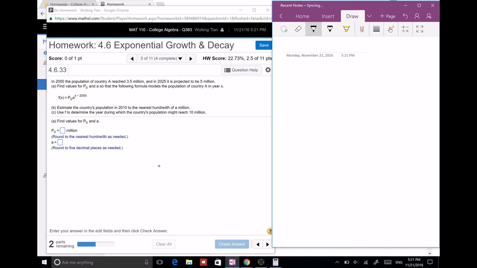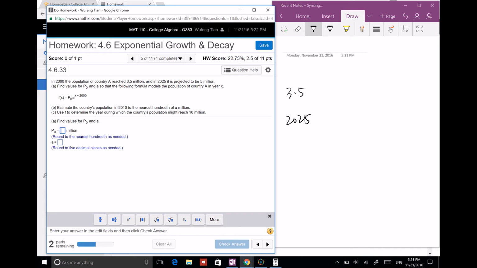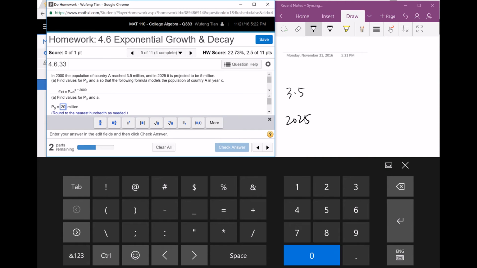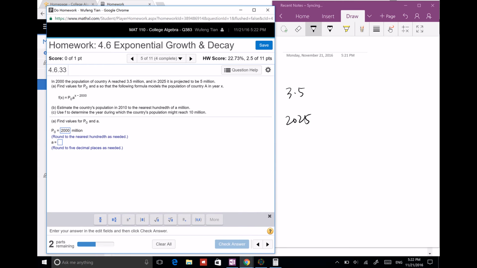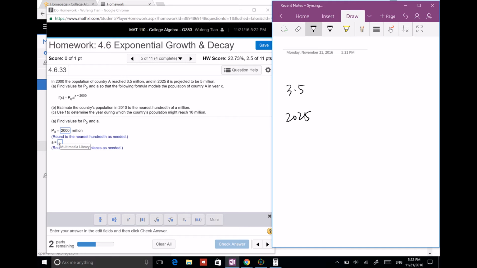And the next one: in 2000, the population reached 3.5 million. In 2025, it is projected to reach 5 million. Estimate the country's population in 2010. So P0 equals what? It's at 2000, so it's just 2000. We have to find A. In 2000, the population reached 3.5 million.